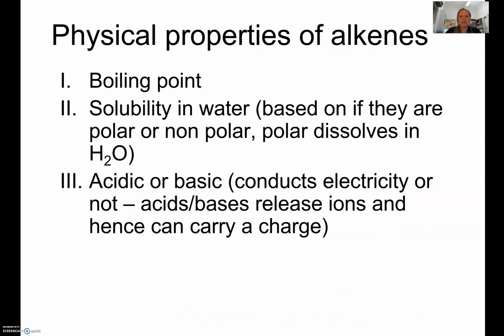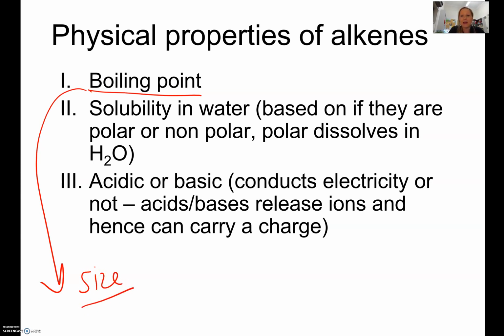Okay, physical properties of alkenes. So we always talk about boiling point. So boiling point is very similar to alkanes because they are non-polar molecules and they're really simple. So the two trends when we talk about boiling point is the size, and that's just what we were talking about there. So that do now was the start of that discussion. As the size increases, the intermolecular force strength goes up, and the melting point and boiling point goes up.